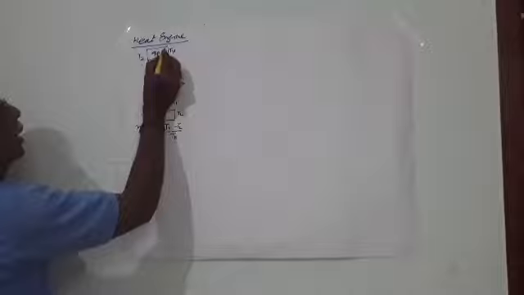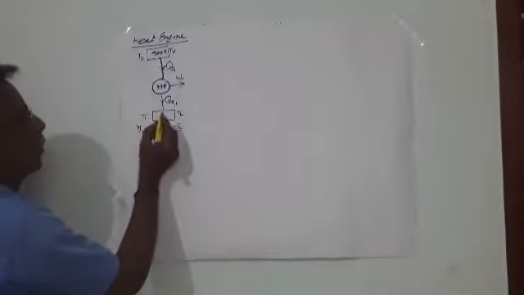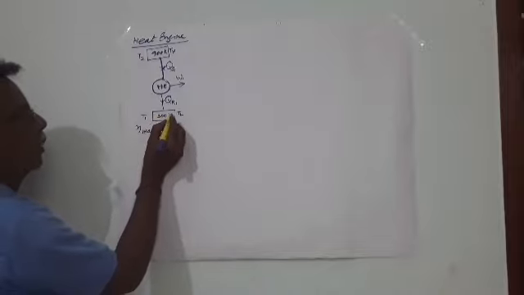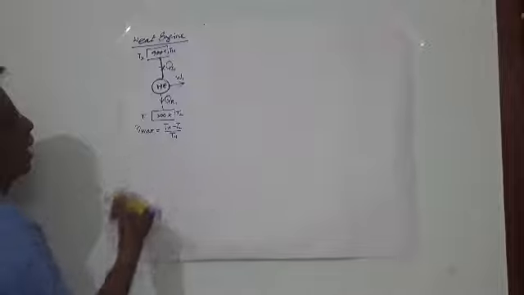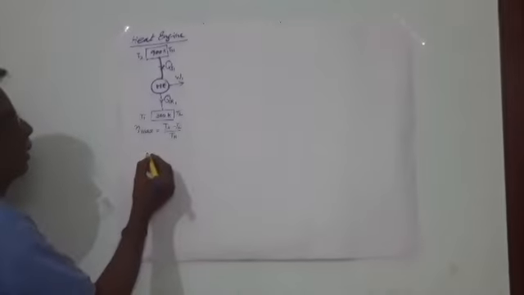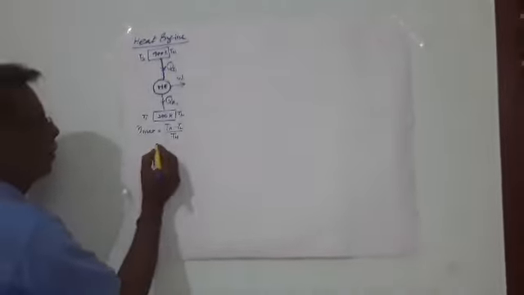Now let us take the heat engine operating between the temperature limits of 900 Kelvin and 300 Kelvin. That is, the source temperature is 900 Kelvin and the sink temperature is 300 Kelvin. Let us substitute these values and find the maximum efficiency.